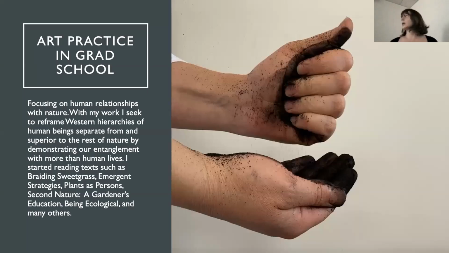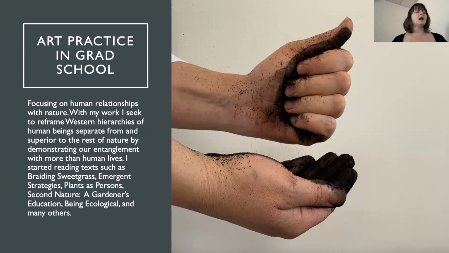And as for my arts practice in grad school, over the course of the 3 years, I've been really focusing on our connection with nature, our relationship with the natural world, and really trying to reframe hierarchies that place humans above nature and prioritize our needs in the way that we organize society. So I do that by demonstrating the ways that our lives are entangled with other more than human lives.